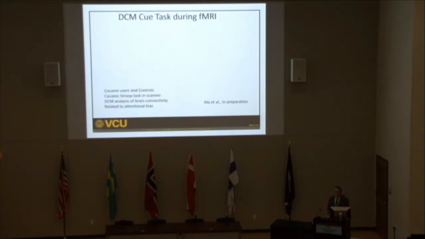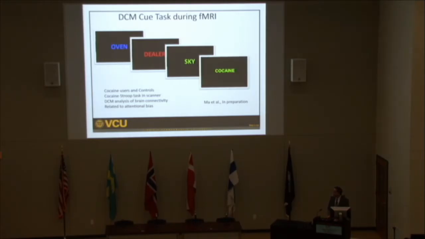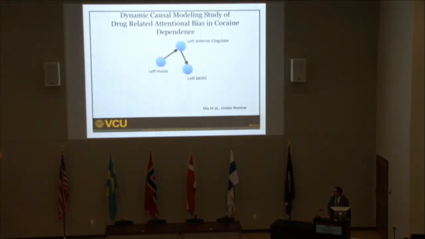The way we're looking at cue reactivity in the scanner is using that same attentional bias task, the cocaine Stroop task, which I showed you earlier. What we've seen during the task is that the drug cues, compared to the neutral cues, enhance the connectivity between the insula and the anterior cingulate, and also between the anterior cingulate and the medial orbital frontal cortex.